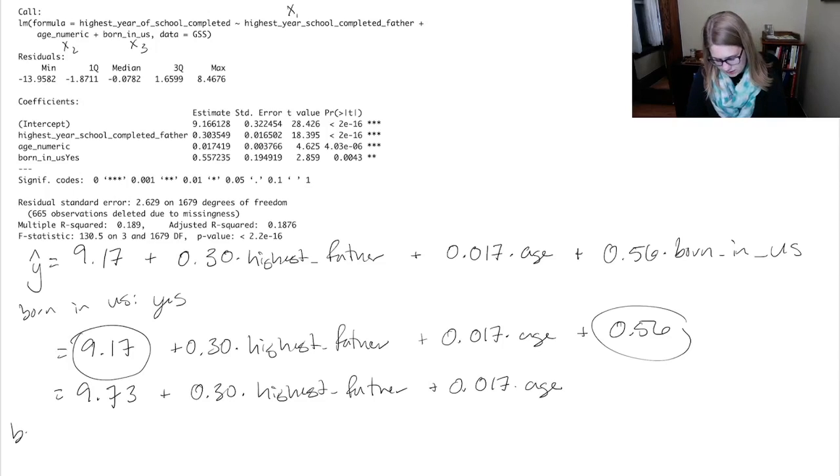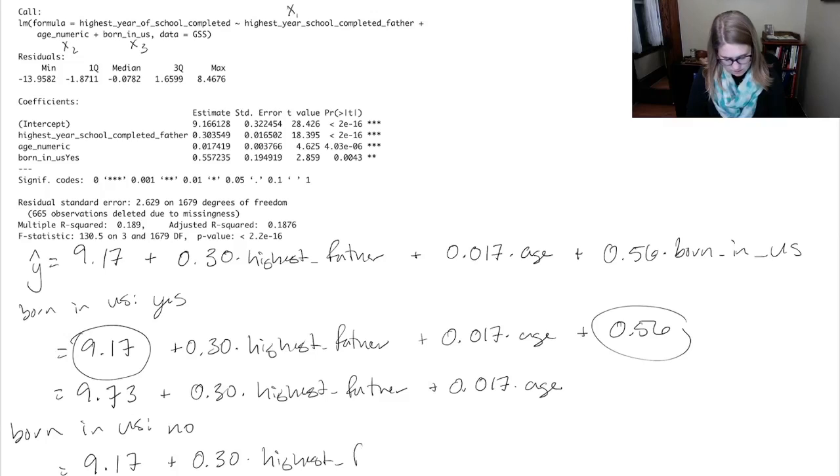And then if I wanted to do the same thing for born in US, no, then I'm going to plug in 0. So it's going to be the 9.17 plus 0.30 times highest father plus 0.017 times age plus 0.56 times 0. Anything times 0 is 0, and so then I don't have to do anything particular there.